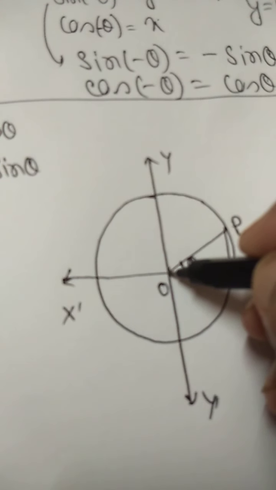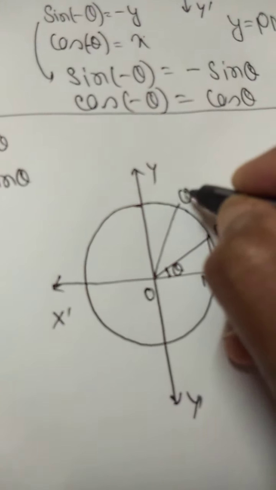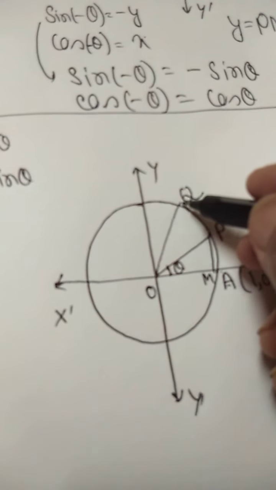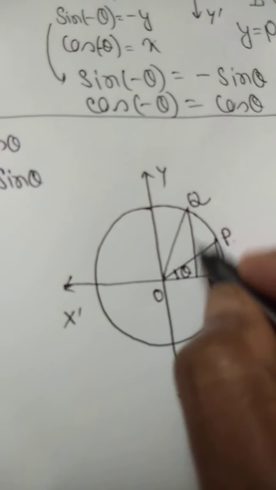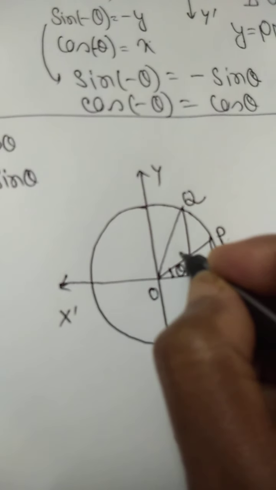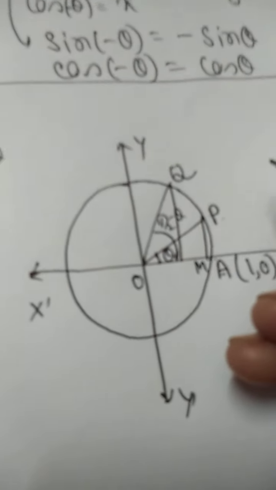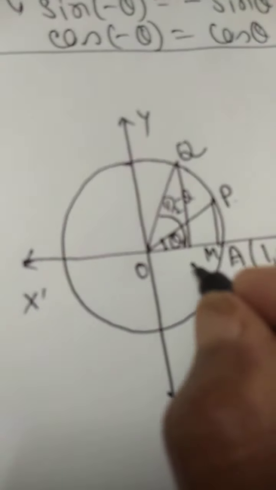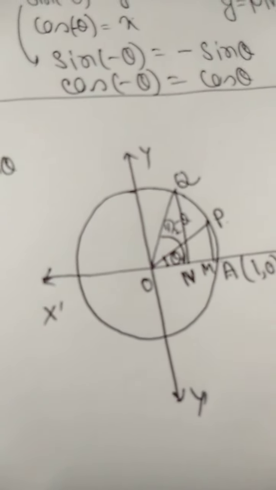Now, if we rotate the ray OA in the anticlockwise direction, let it come to the position Q at an angle pi by 2 minus theta. That is, this angle is pi by 2 minus theta. Let us draw QN perpendicular on the x-axis, right?